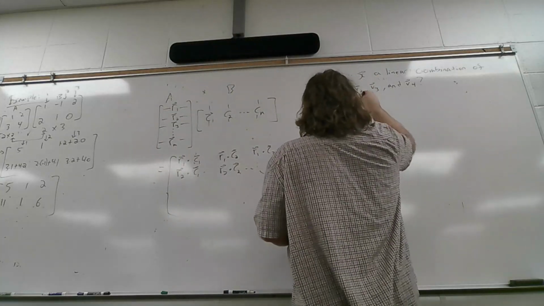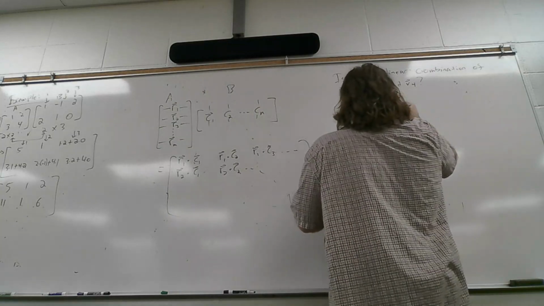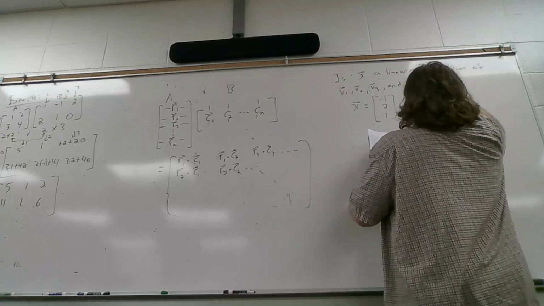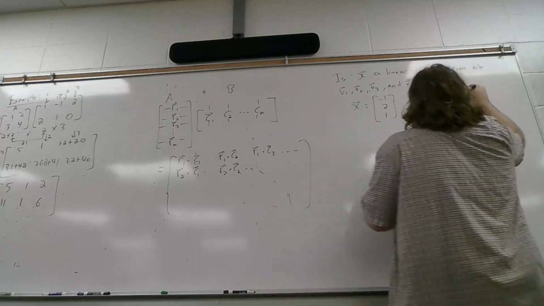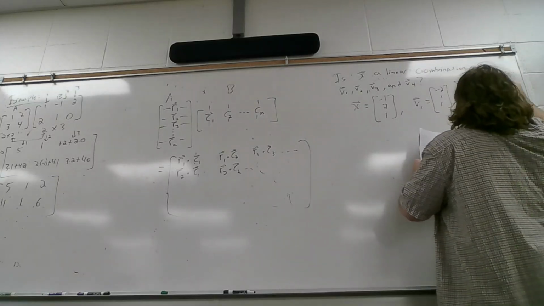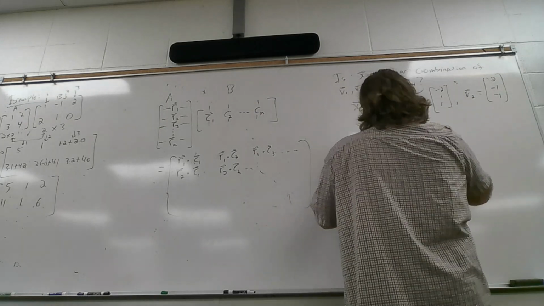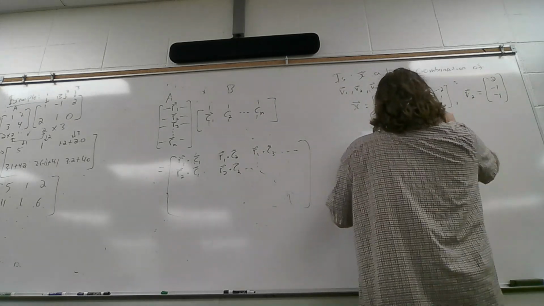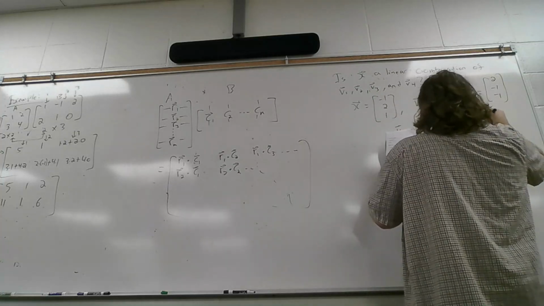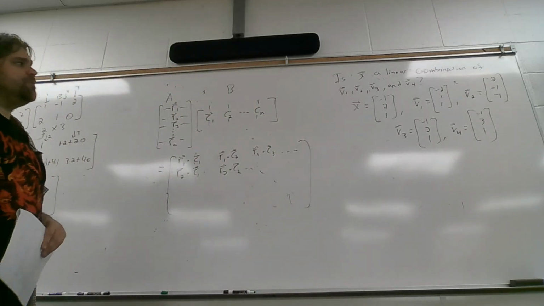So X is this, and v1 is the following vector. I just have to copy stuff down. v2 is this thing. v3 is this thing. And v4 is this thing. Okay, so we got these vectors.